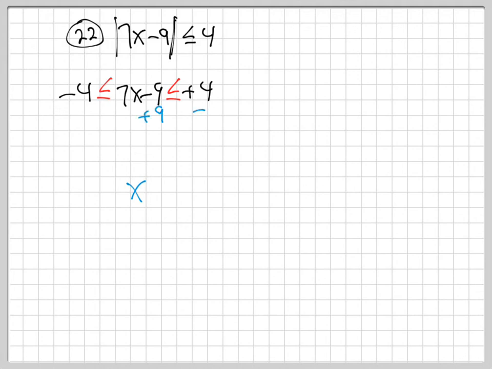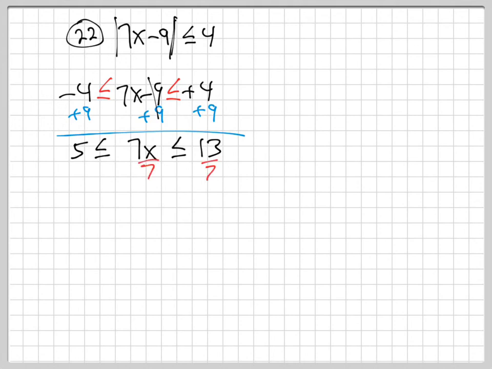Okay, so we add 9 to all 3. And we get like that. And the last step to get X alone, divide through by 7. And there we go, right? Is that good? And they want an interval notation answer.